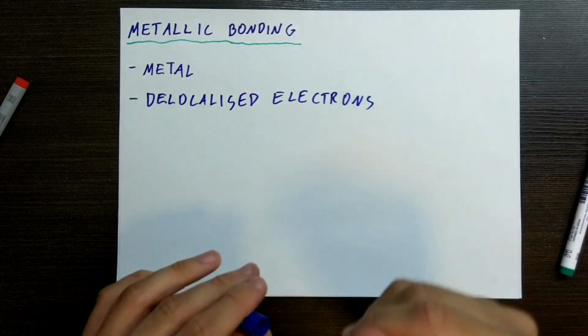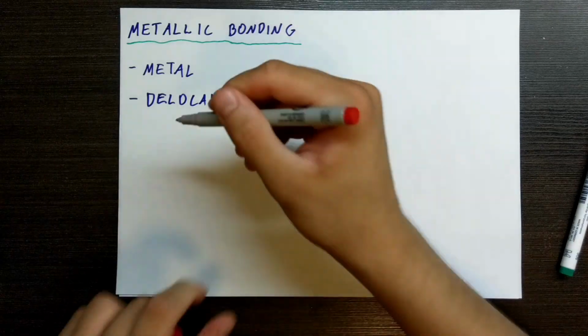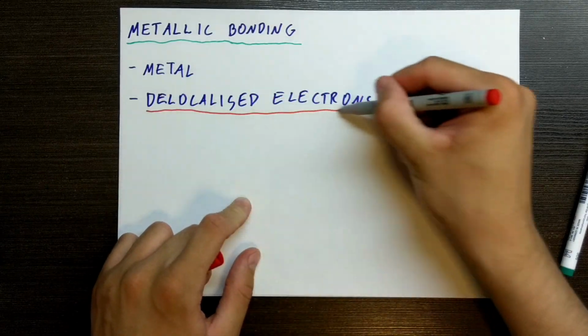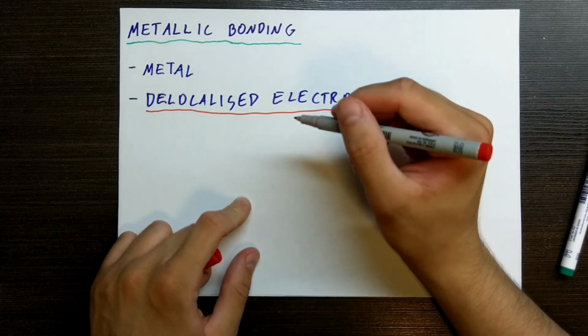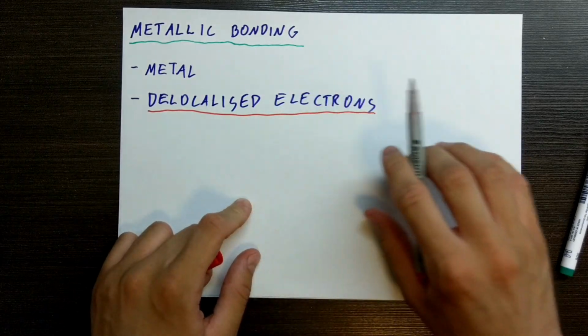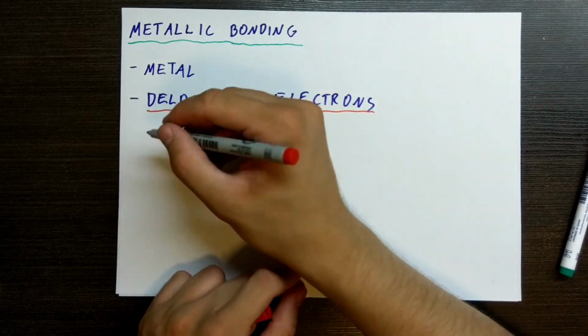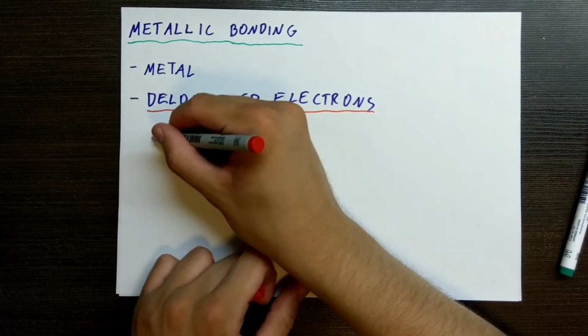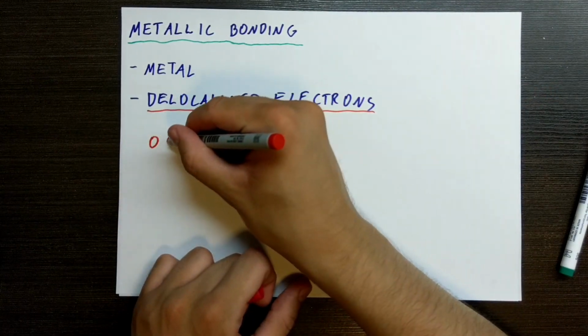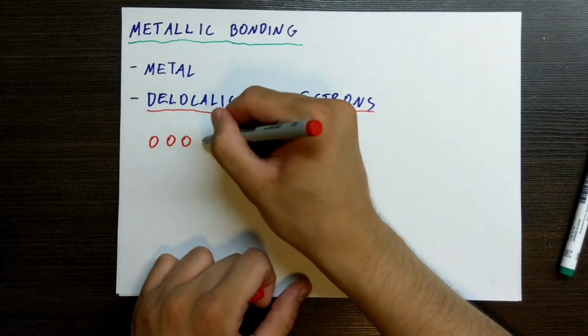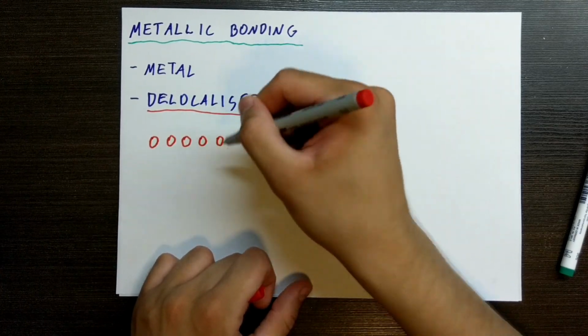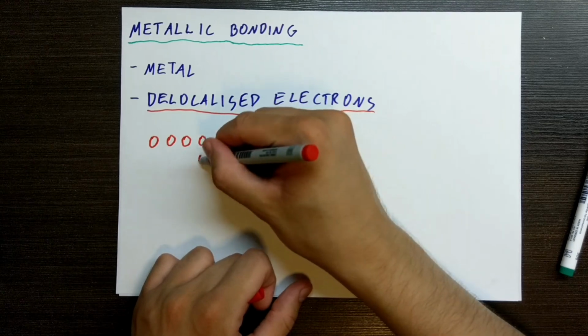This is an important term to remember. There we go. And how does this work? How does metallic bonding work? Well, we have a metal, I don't know, iron, for example, and it is a solid, isn't it? So we have atoms tightly packed together like this.